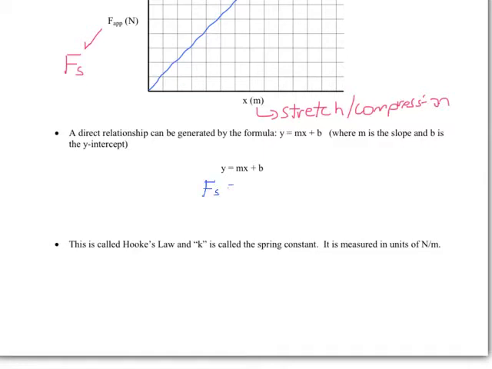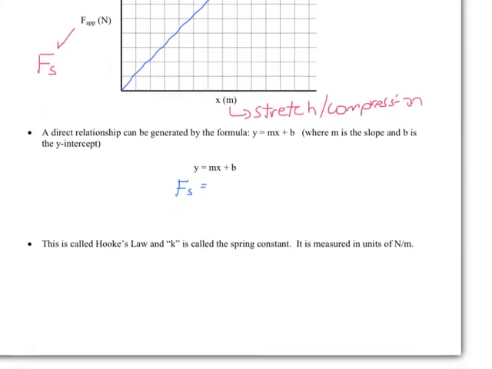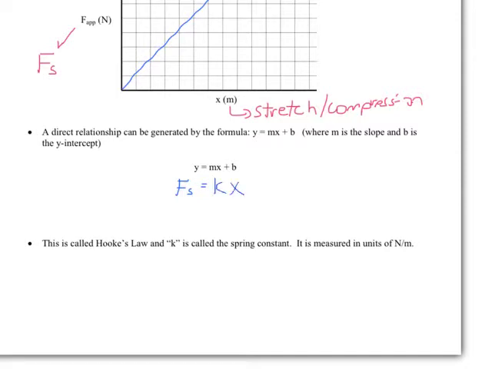M is of course your slope of that line, and as you can see the slope of that line is constant, and because it's a constant we're going to give that slope value a symbol. We're going to give it a symbol k, and of course x is just x, and that works out quite nicely because in this case x represents how much the spring compresses or stretches by.